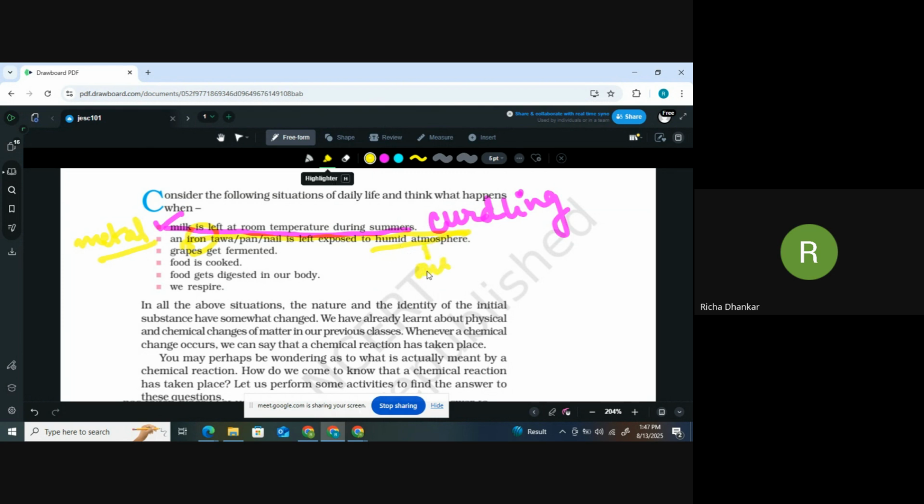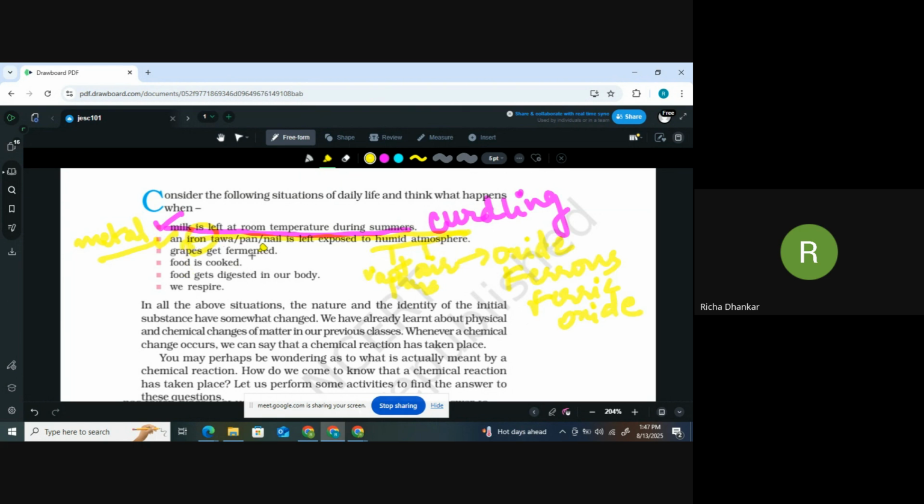Atmosphere gives us air and humid gives us water vapors, so moisture plus air are acting upon iron. What happens then? An oxide layer is formed. This can be ferrous oxide and ferric oxide as well, and these make the tawa turn black. Okay, so the second one is solved.